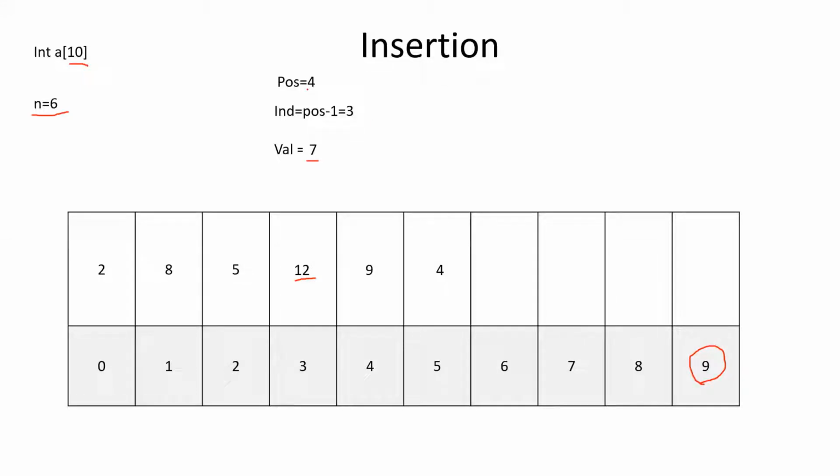If I am telling to insert at the position 4, the index number of that position will be 3. So my aim is to insert the number at the position where the current number 12 is existing. Got it? So these are the initial inputs.